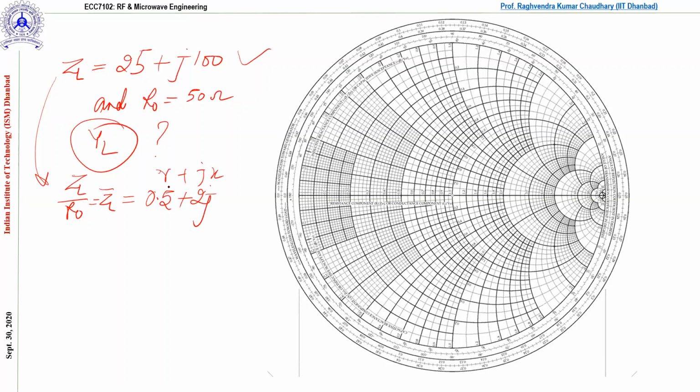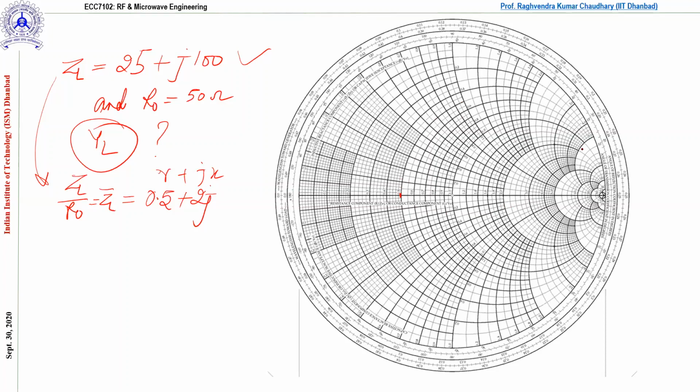Now what you need to do is find the R circle of 0.5 and the X circle of 2. If you see the Smith chart, this is where you get the 0.5 circle. If you trace it, it goes like that.